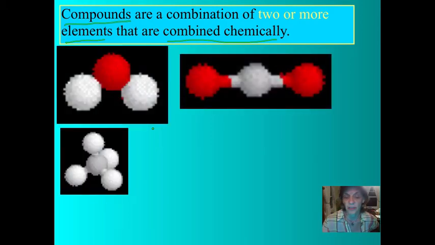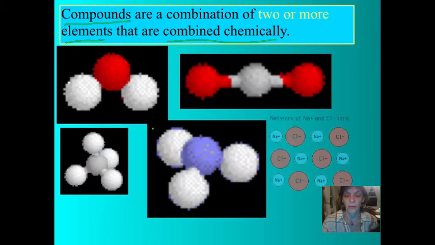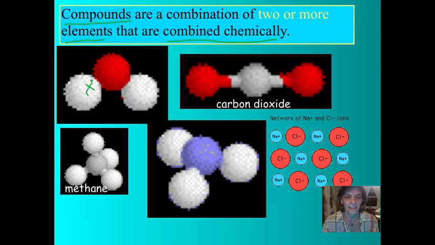Here are some images of some compounds, and you may have seen things like this. This one up here is water. Then we have carbon dioxide, methane, ammonia, and sodium chloride.